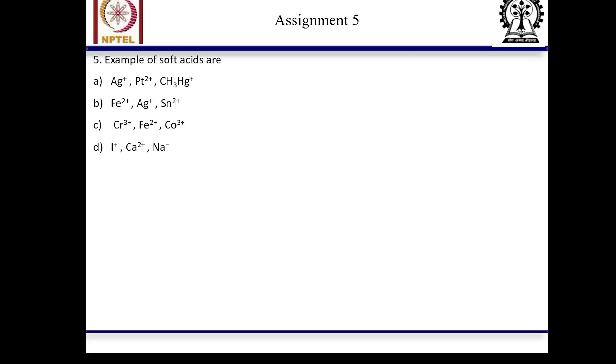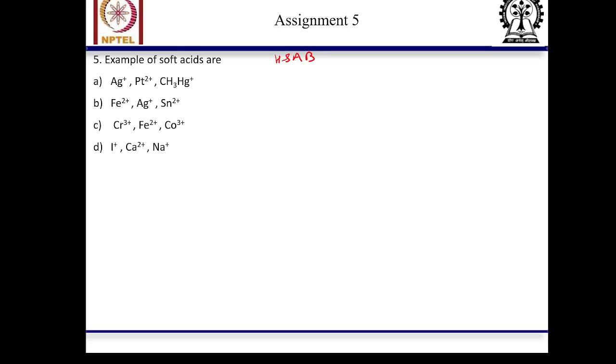Examples of soft acids are: A. Silver, platinum, CH3; B. Fe2 plus, Ag plus, Sn2 plus; Cr3 plus, Fe2 plus, Co3 plus, calcium 2 plus, and sodium. So first of all, where has the soft acid concept come from? It is the HSAB principle.